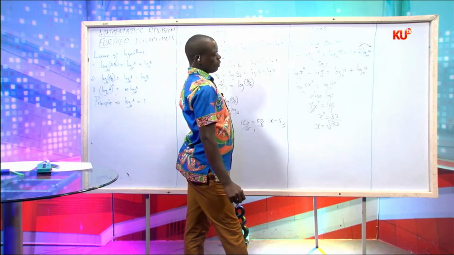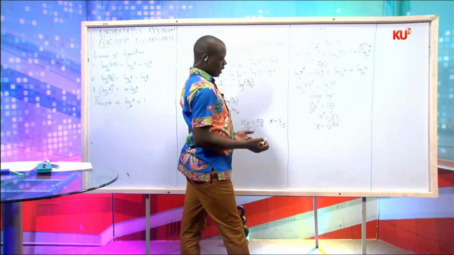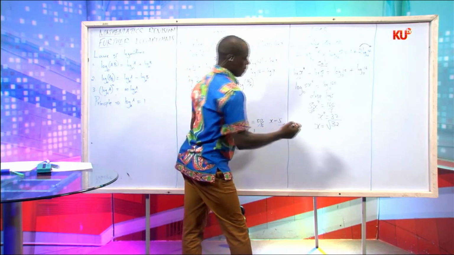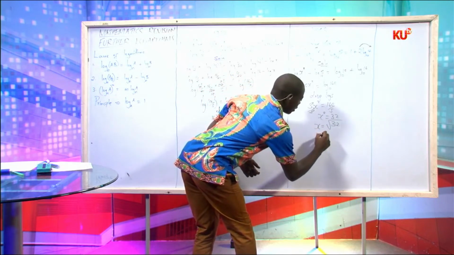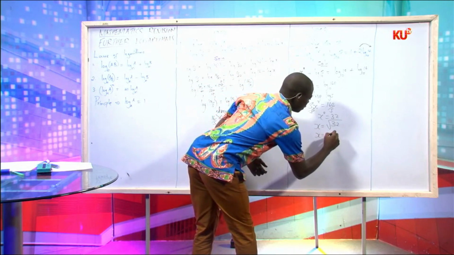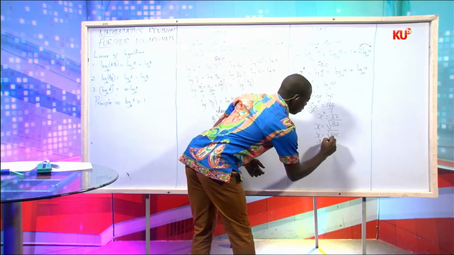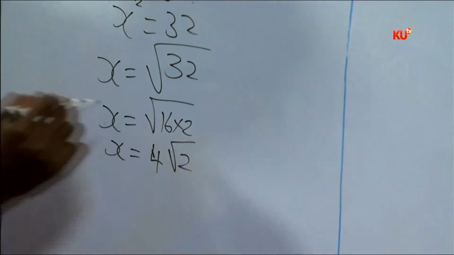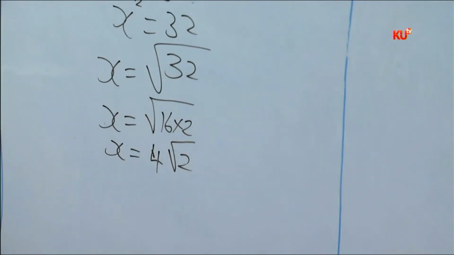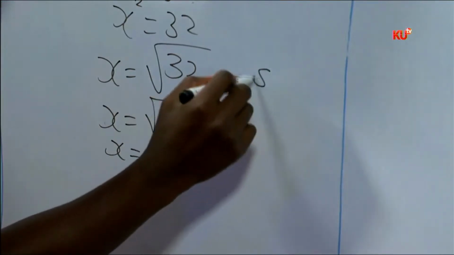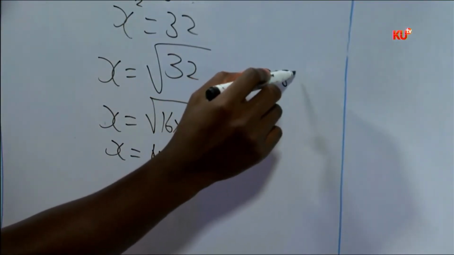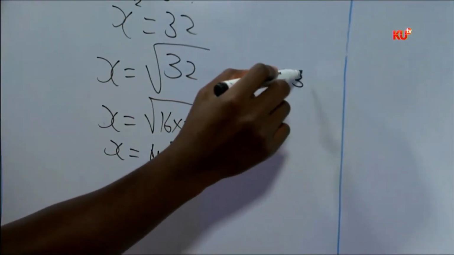Square root of 32 is the same as square root of 16 by 2, for those who've done indices, surds. So x is 4 root 2. For those who've not done surds, you simply find the square root of 32. That should give us 5.837.